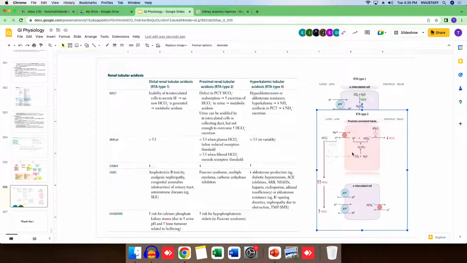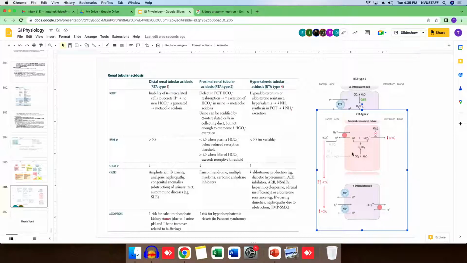When the urine is so acid, alpha intercalated cells in the collecting ducts cannot compensate with enough bicarbonate excretion.